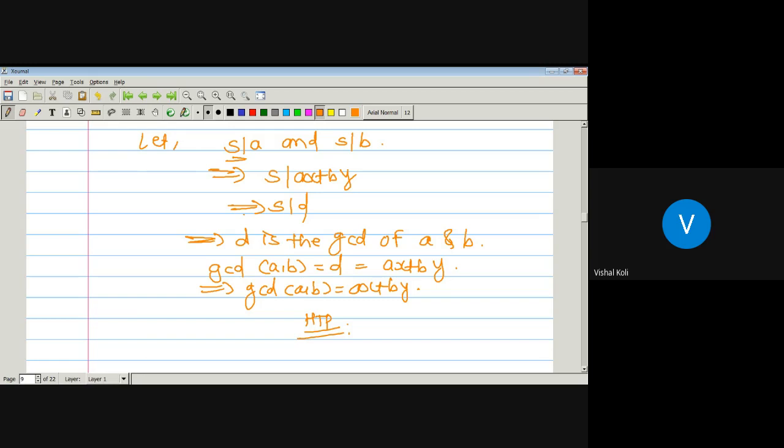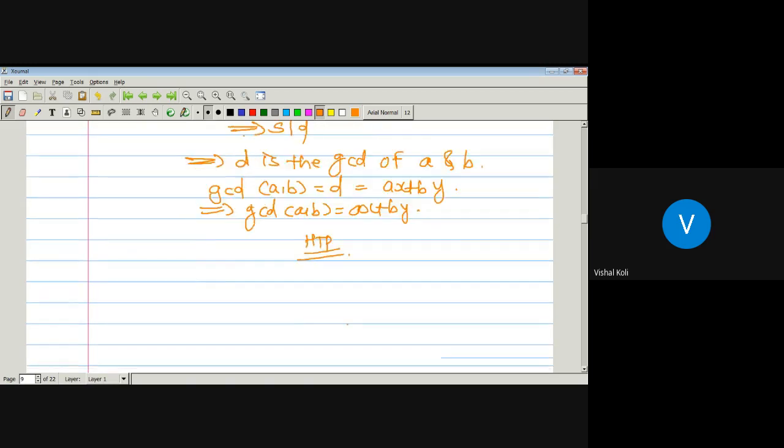Now there is one corollary depending on this theorem. Let us see the first statement.